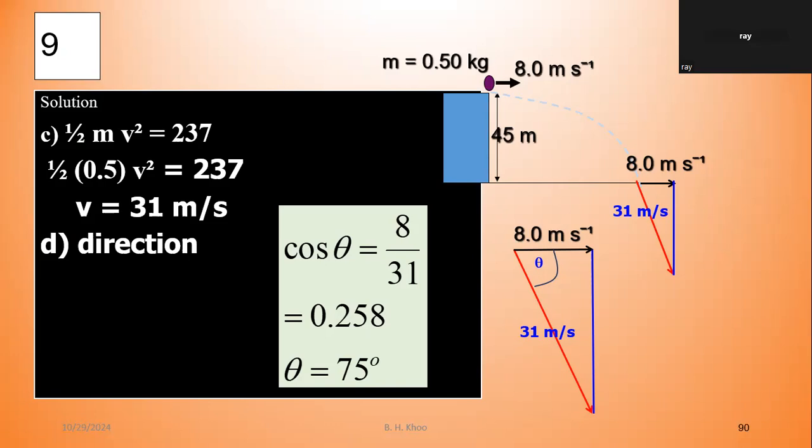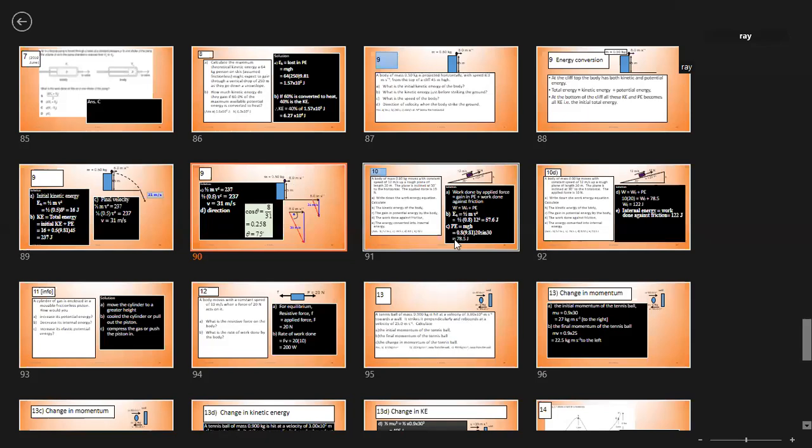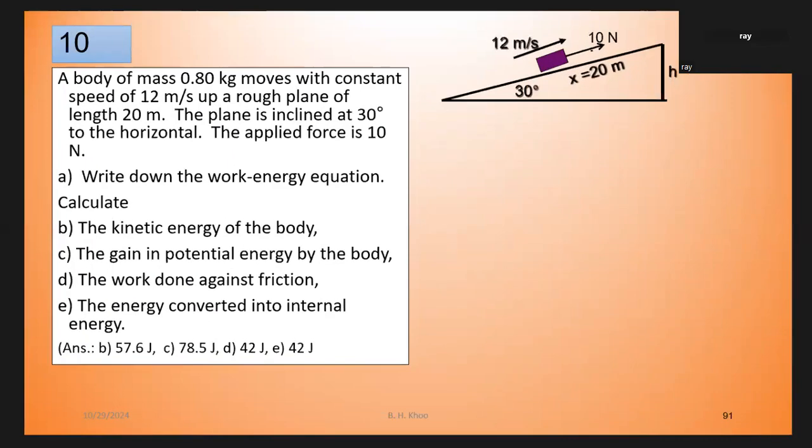Oh yeah, can. That's how we calculate our direction, lah. Try this one.